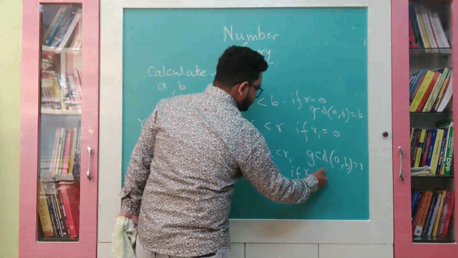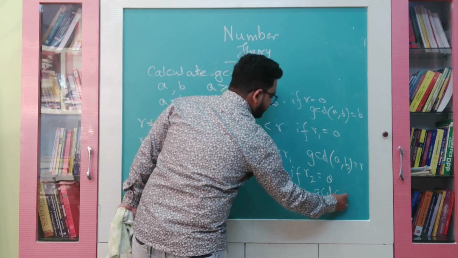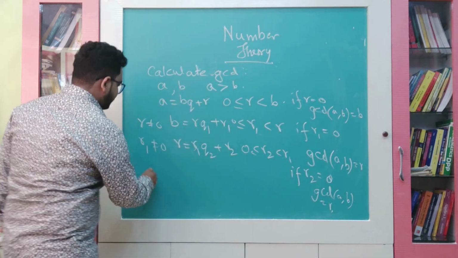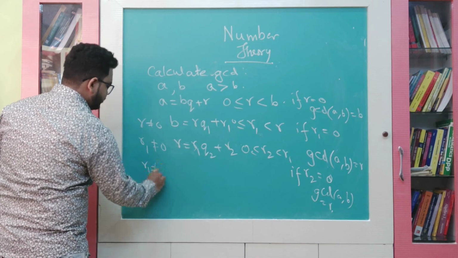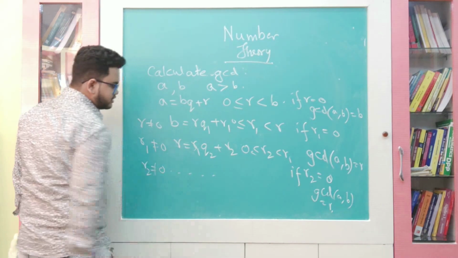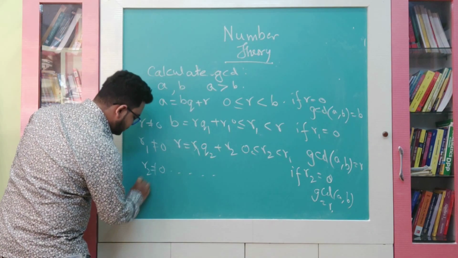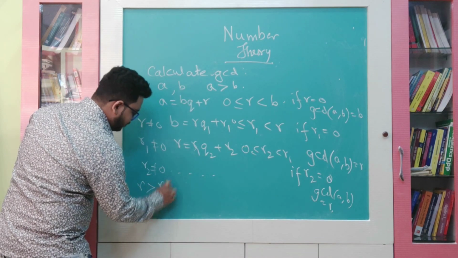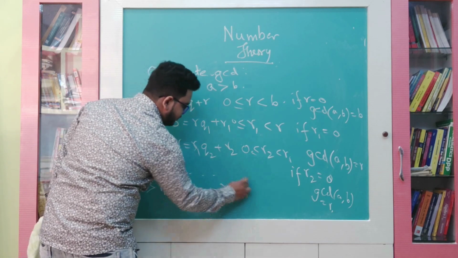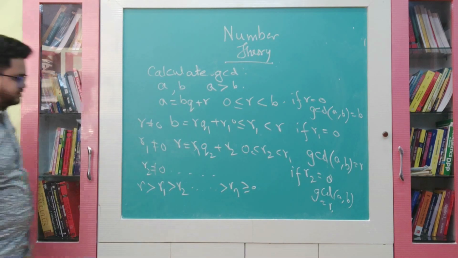If R2 is 0, then GCD of A, B is R1. If R2 is not equal to 0, we can continue this process and ultimately we will get a sequence R greater than R1 greater than R2 greater than ... Rn, greater than or equal to 0. This sequence is decreasing and it eventually hits 0.